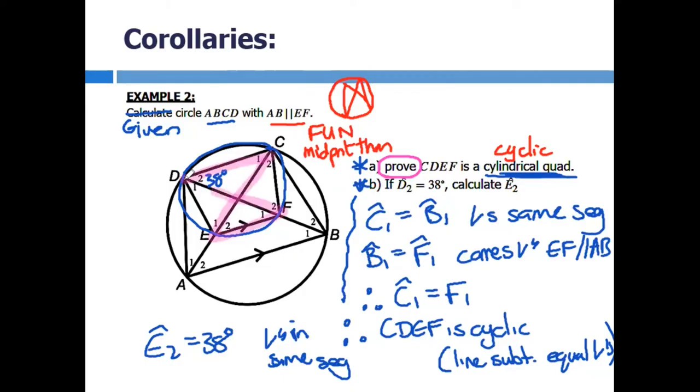And the only reason why I can use the bow tie for the small shape now is because we've just proven it's a cyclic quadrilateral. So you either have to have the circle going through all the points already, or you have to have proven it using other methods first. Okay, I hope that makes sense. Proving the cyclic quads and going backwards is actually probably one of the hardest concepts.